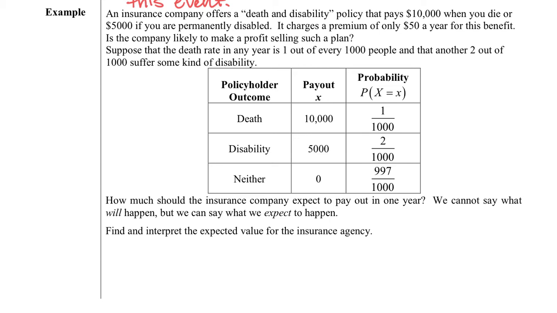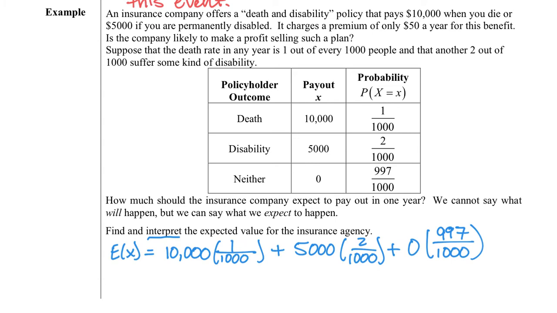This is definitely discrete since there's only 3 different things that can occur. How much should the insurance company expect to pay out in 1 year? So this is an expected value question. We cannot say what will happen, but we can say what we expect to happen. Find and interpret the expected value. So interpret, a lot of you forget to do that part. So don't forget to interpret the expected value for the insurance agency.